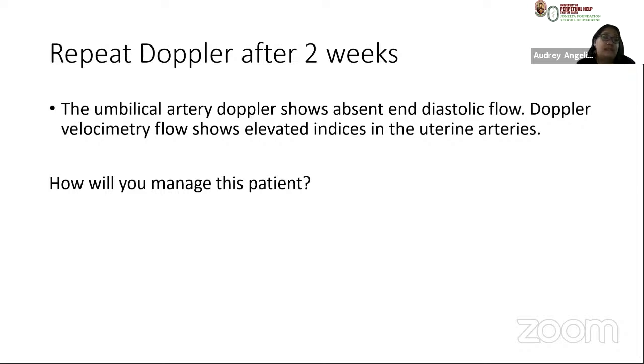What is its significance? Ma'am, it indicates that the baby is not getting, the blood flow is not good. Okay. It's not getting adequate blood flow anymore. Is it the most ominous?